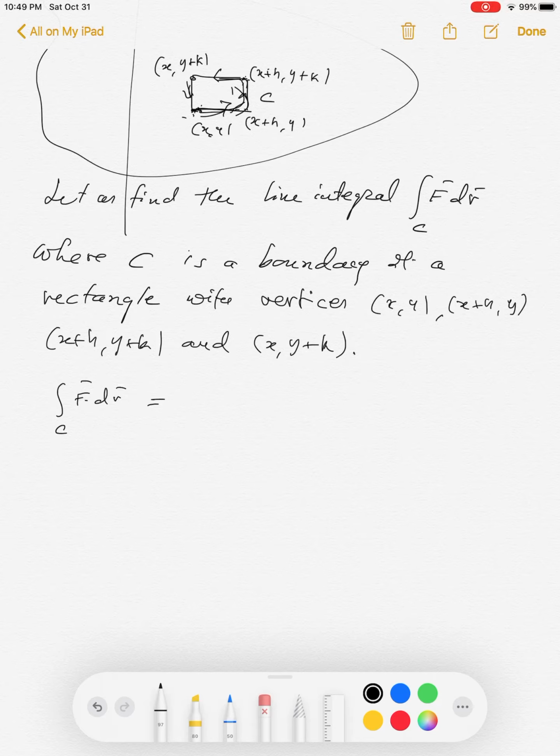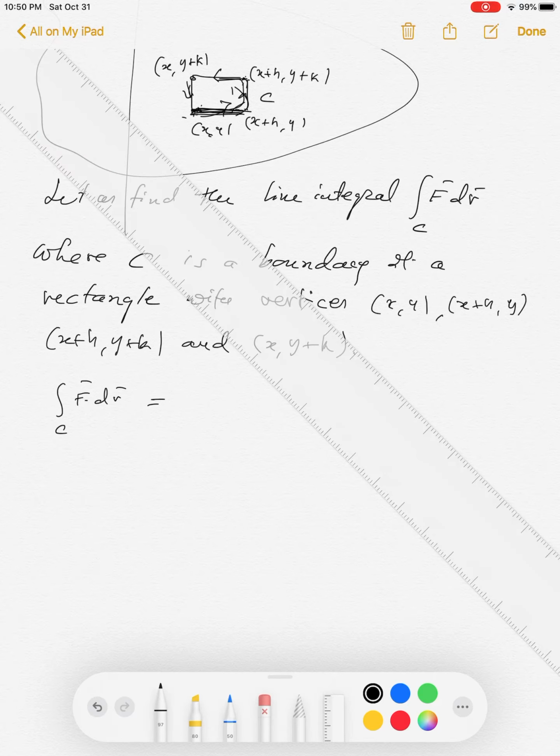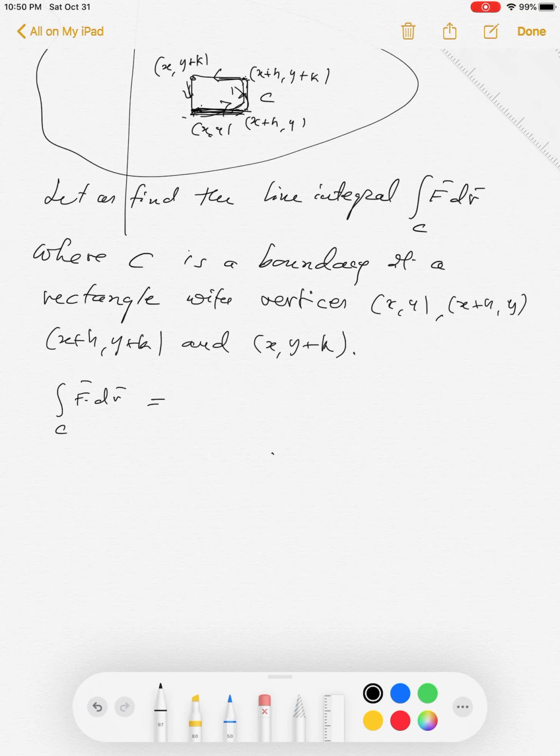So the integral of f bar over C, f bar dot dr bar, is going to be, and now I'm going to make an approximation assuming that this rectangle is very tiny. You remember the definition of line integral is the work done by the force.